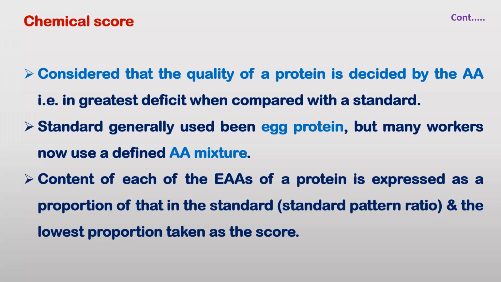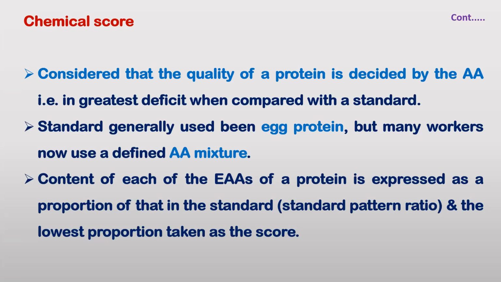A standard generally used is the egg protein, which is considered a standard protein. But many researchers now use a standardized amino acid mixture, so from egg protein we come to the amino acid mixture as a standard.